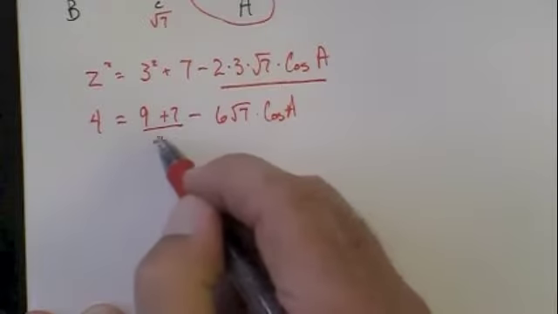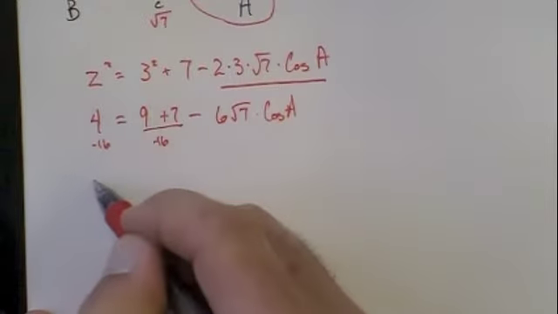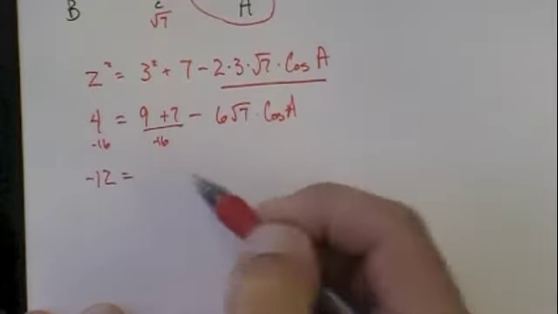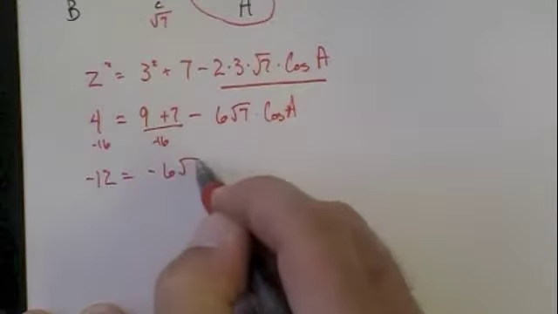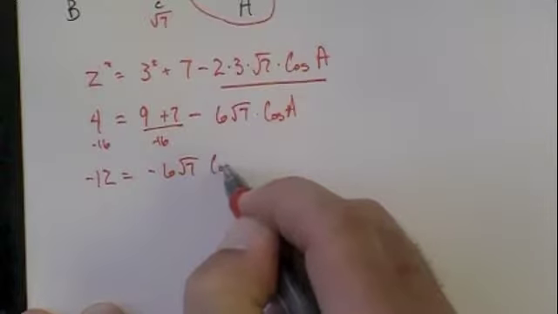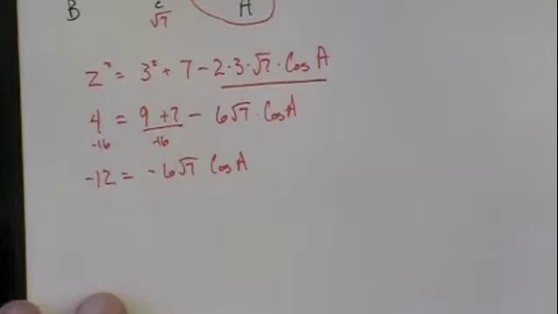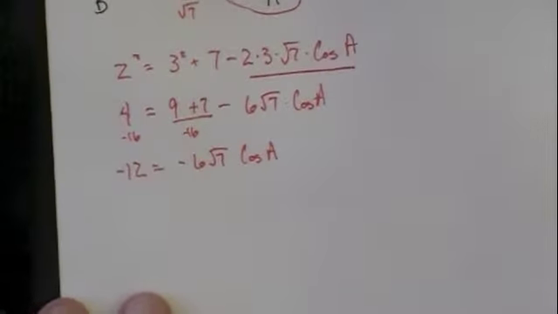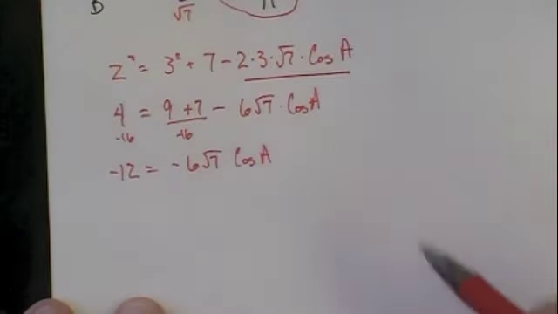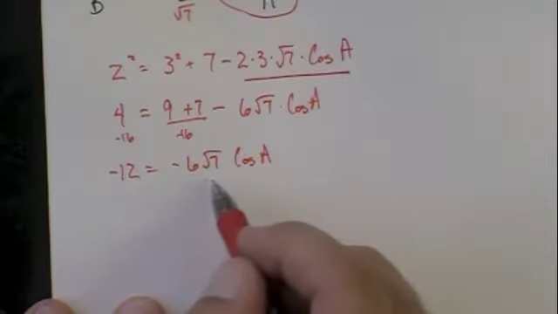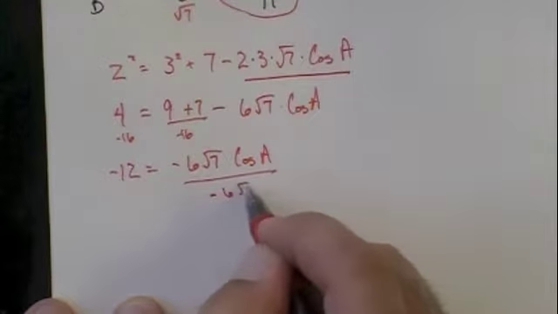As we subtract the 16 from both sides, we end up with negative 12 is equal to negative 6 square root 7 times the cosine of angle A. That's an important step right there, to make sure that you combine this, move this over, and all this stays together. Now we're going to divide both sides by negative 6 square root 7.